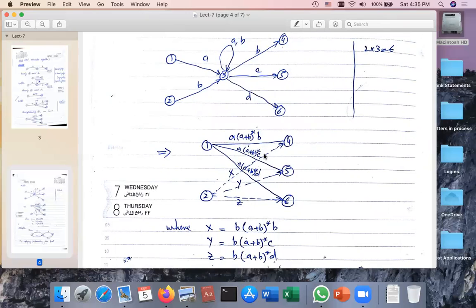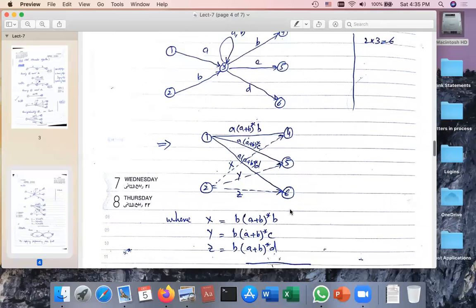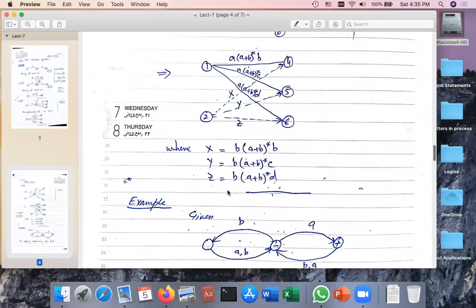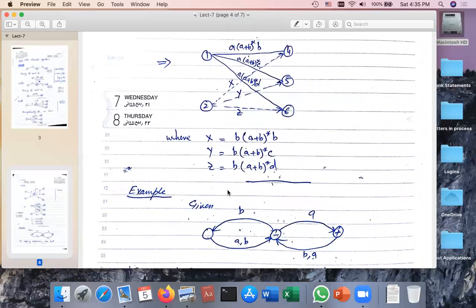So you can see the label here. b (a plus b) whole star c going toward y. So this is y. So you can represent it here. And similarly, you can represent an edge with z. So these are the cases that you can do during the state elimination algorithm.